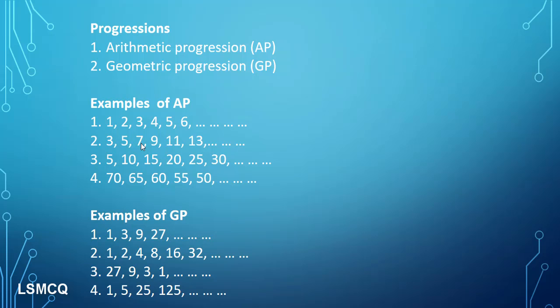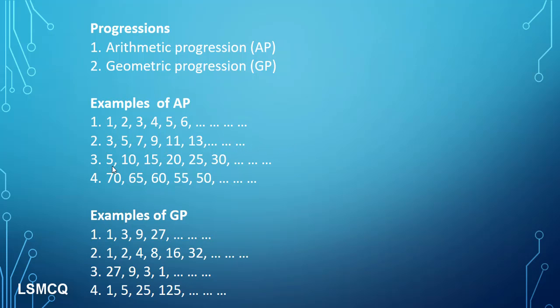If you look at the third term, the 7 was obtained by adding 2. The next term, 9, we got by adding 2 to 7, and 9 plus 2 is 11, 11 plus 2 is 13. So the next number is 13 plus 2, that is 15. So this is the way this series has progressed.